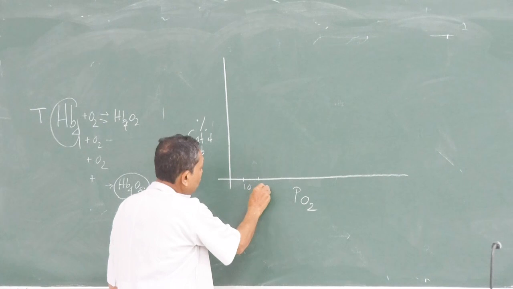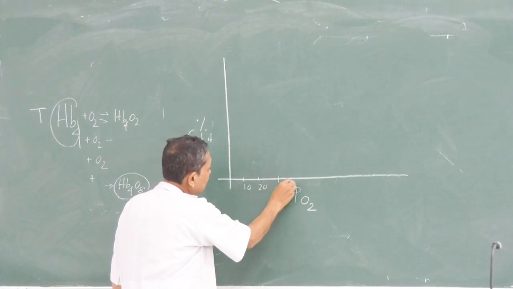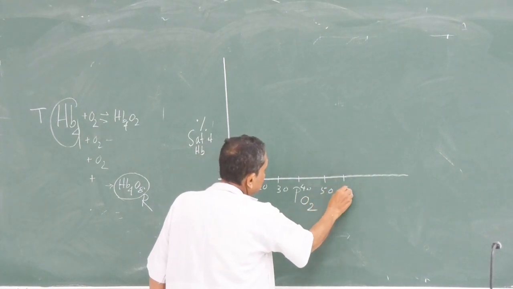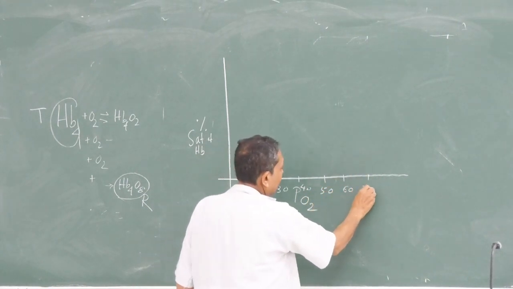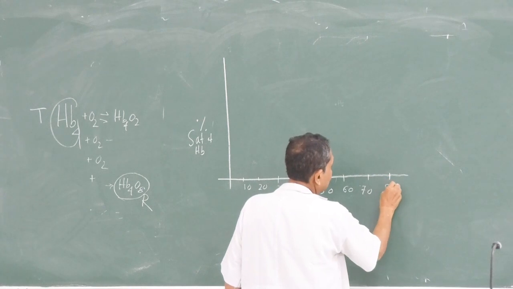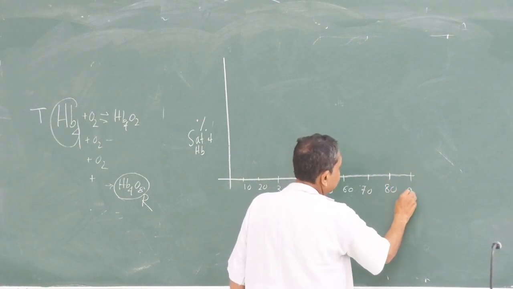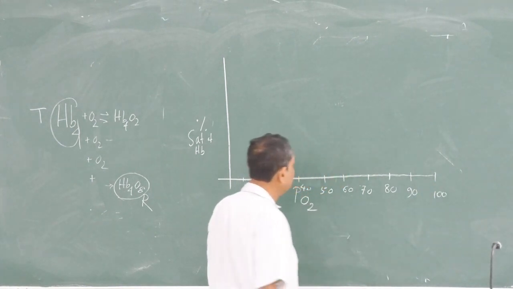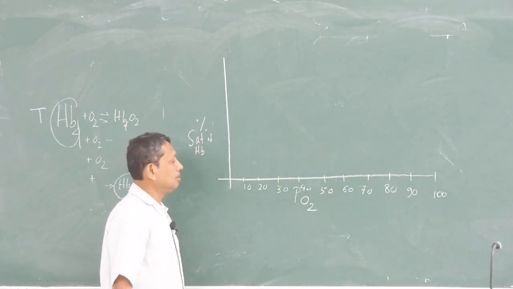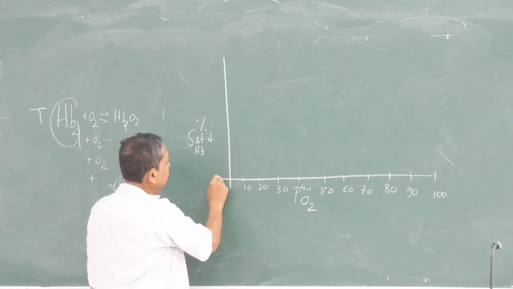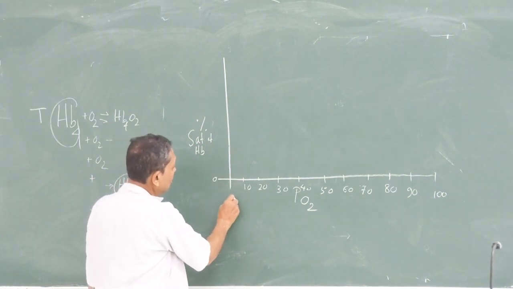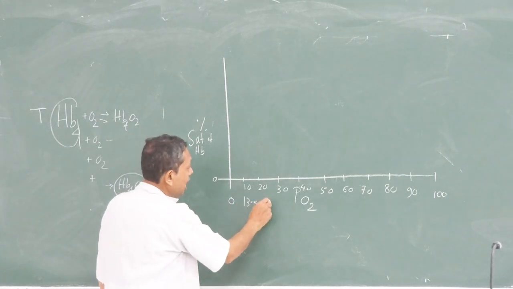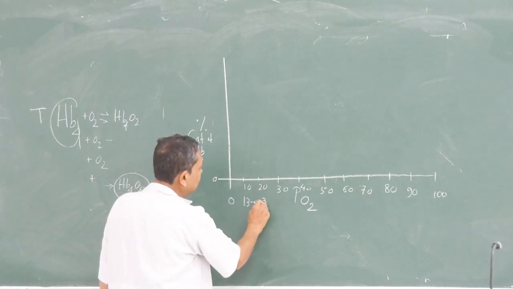10, 20, 30, 40, 50, 60, 70, 80, 90, and 100. At the 0 level, it is 0, and at 10 it is 13.5 saturation. And at 20 is 35.